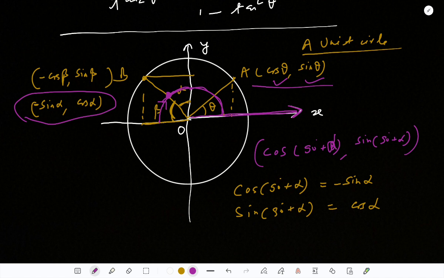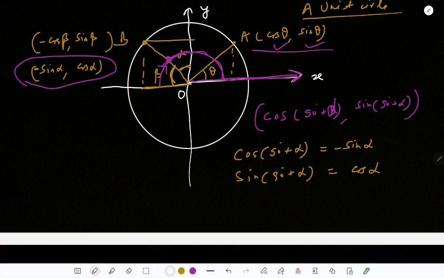Though I can introduce you to a convention that when we rotate in anti-clockwise sense, we consider angles as positive, and when we rotate in clockwise sense, we consider angles negative. But why, you can understand right now that if you start from here and reach here, you should have written the whole angle in terms of beta as 180 minus beta.